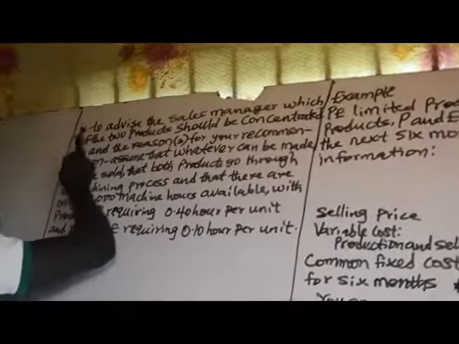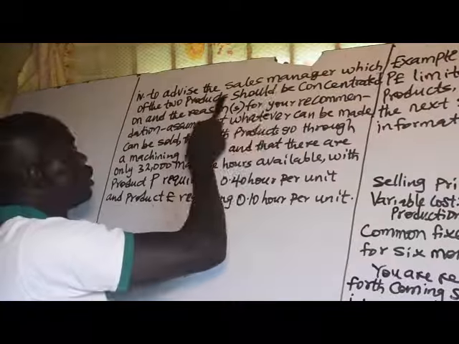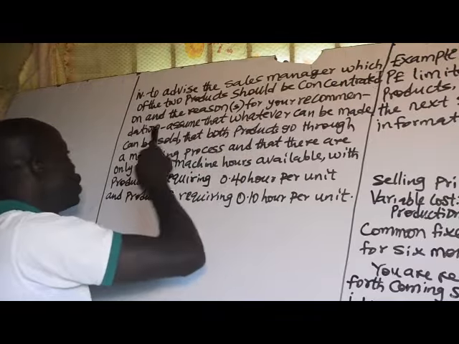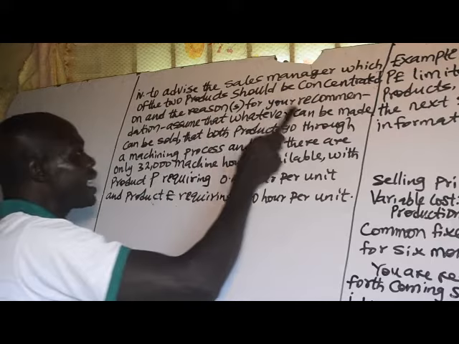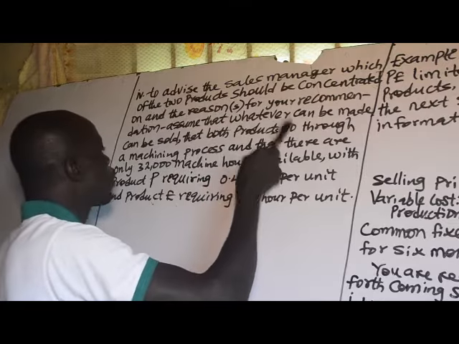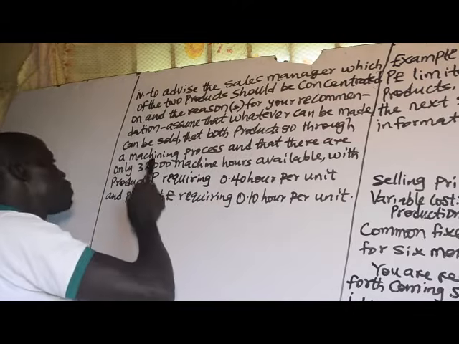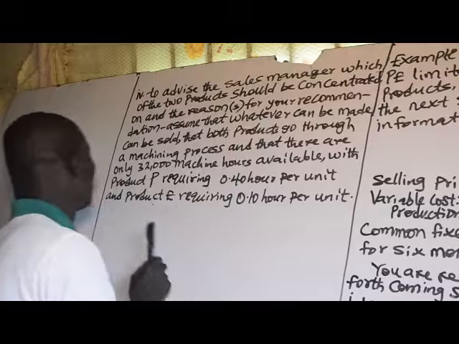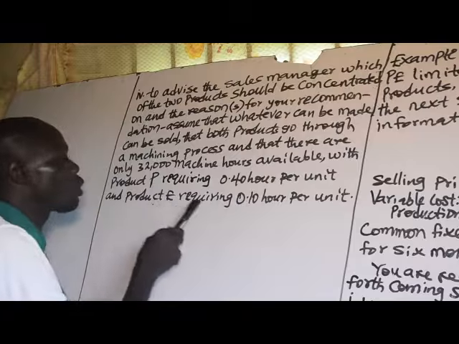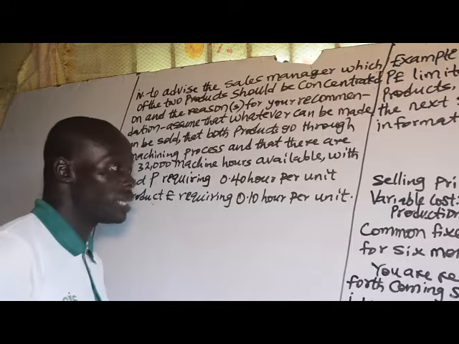Number 4, to advise the sales manager which of the 2 products should be concentrated on and the reason for your recommendation. Assume that whatever can be made can be sold, that both products go through a machining process, and that there are only 32,000 machine hours available, with product P requiring 0.40 hour per unit and product E requiring 0.10 hour per unit. That is the question.